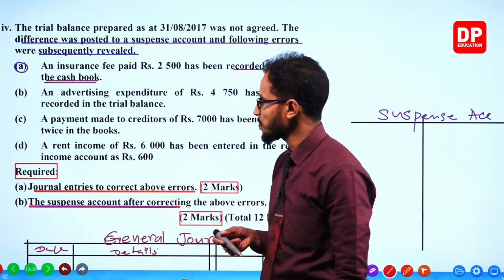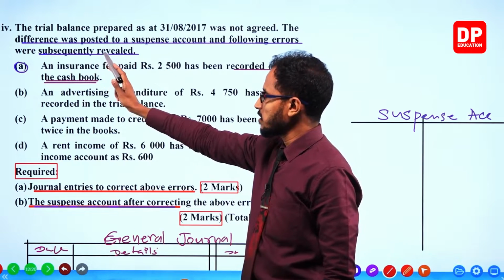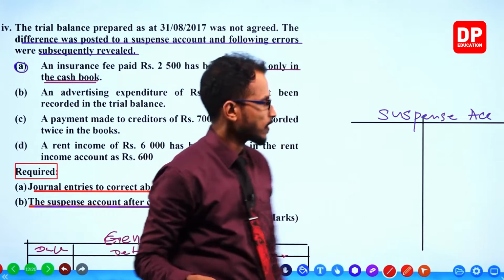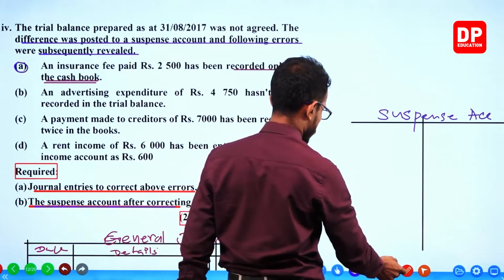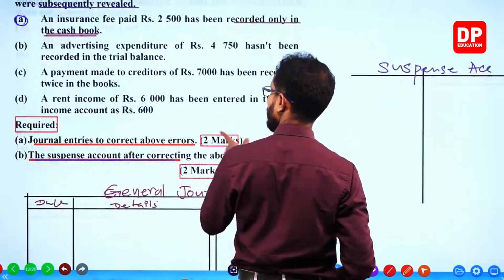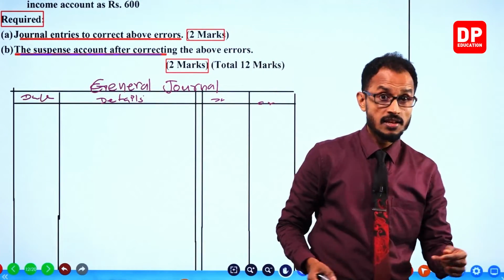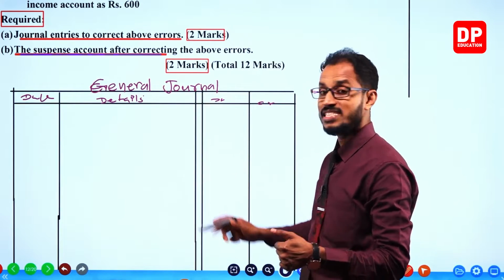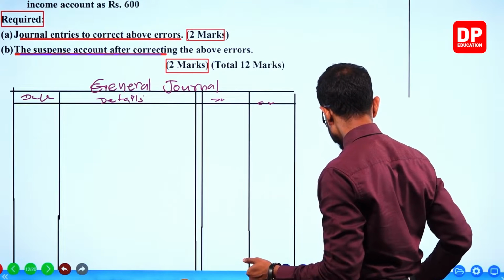Let's correct it. Let's enter to the insurance account debit side 2,500. That should be done in the general journal. The double entry is entered in the general journal.